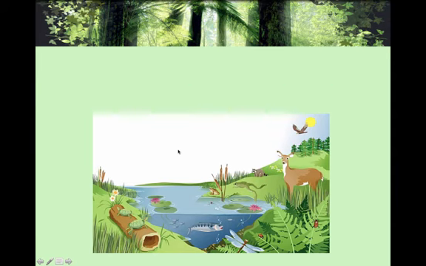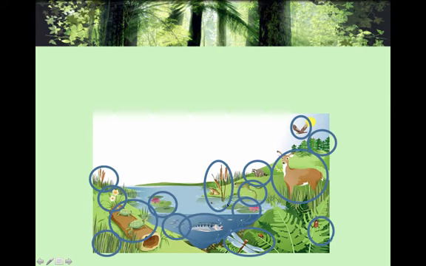What I'd like you to do with this diagram is take two different colors. In one color, circle all the things that you can see that are associated with biotic factors. And in another color, circle the things that are associated with non-living or abiotic factors. So pause the video and come back when you're done your circling. Okay, so hopefully you have circled in one color a lot of the living things.